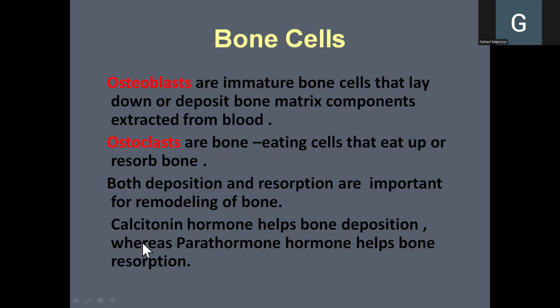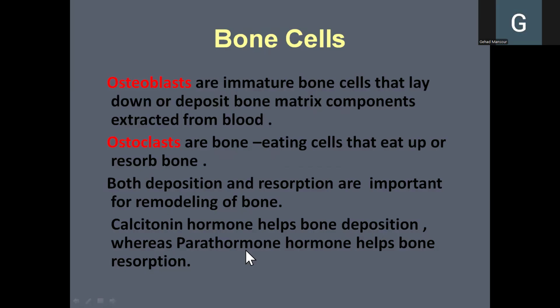There are two hormones that sense the level of calcium in the blood and that help decide whether we now need deposition or resorption. So the process of bone remodeling is controlled by two hormones. The first one is calcitonin hormone that is secreted by the thyroid gland and that helps bone deposition.